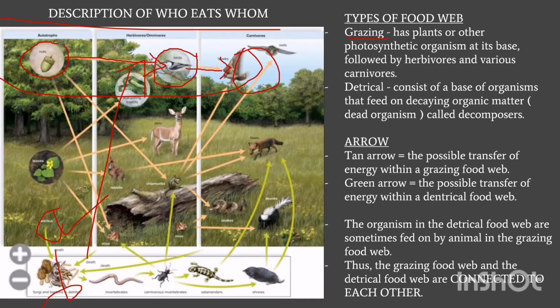So the organisms in the detrital food web are sometimes fed on by animals in a grazing food web, such as a robin feeding on an earthworm. So we can conclude that the grazing food web and the detrital food web are connected to each other because they are related, they are in one community.